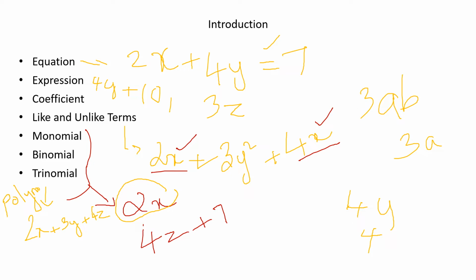Generally we can call all the expressions or equations polynomials. If particularly I want to name it: if there is only one term, we say monomial; if there are two terms, binomial; if there are three terms, trinomial; and more than three terms, polynomial.